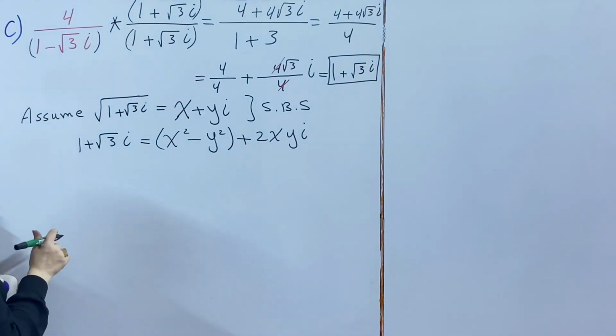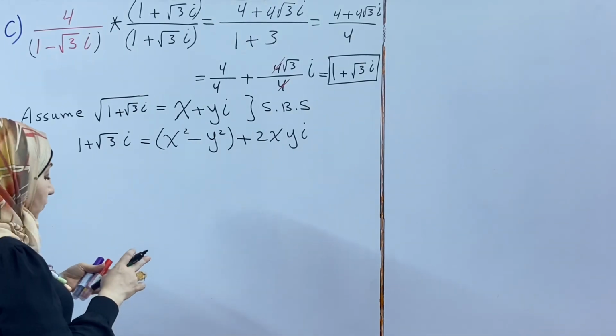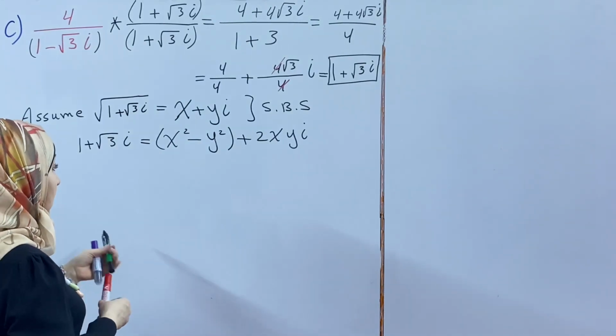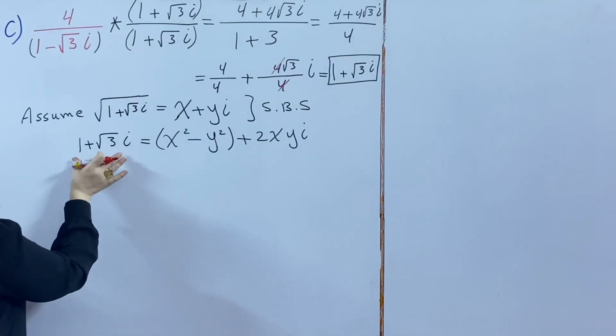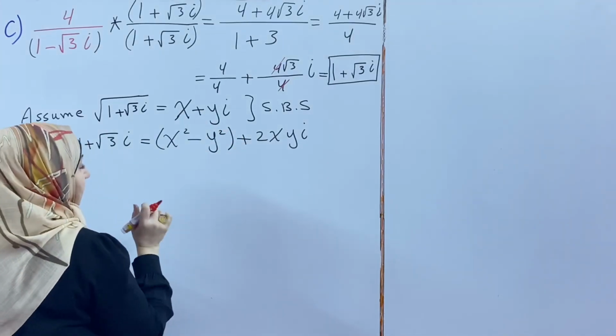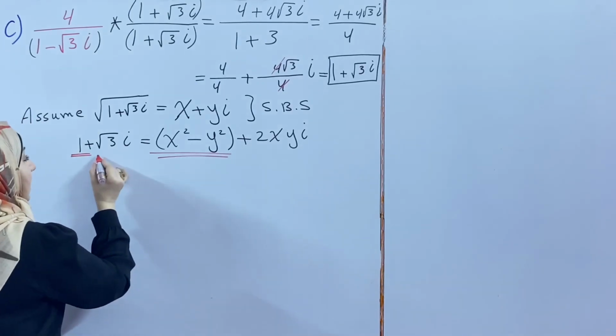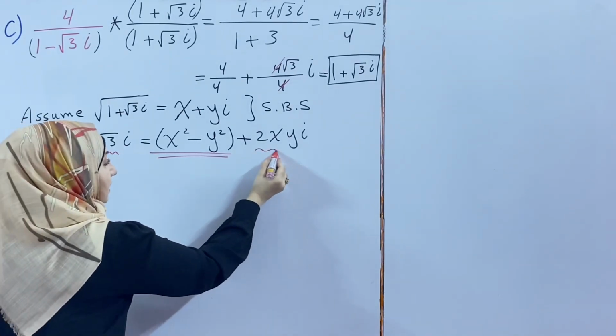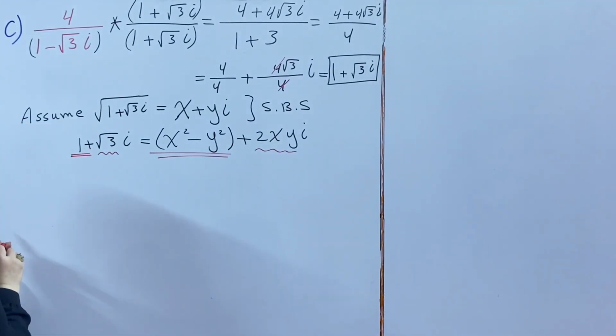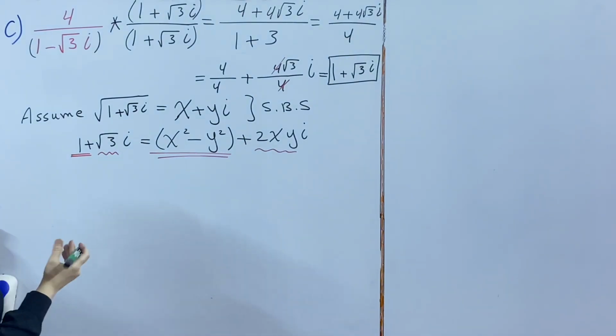And now I can write two equations because I have a complex number equal to a complex number. So the real part equals the real part and the imaginary part equals the imaginary part. So I get two equations.